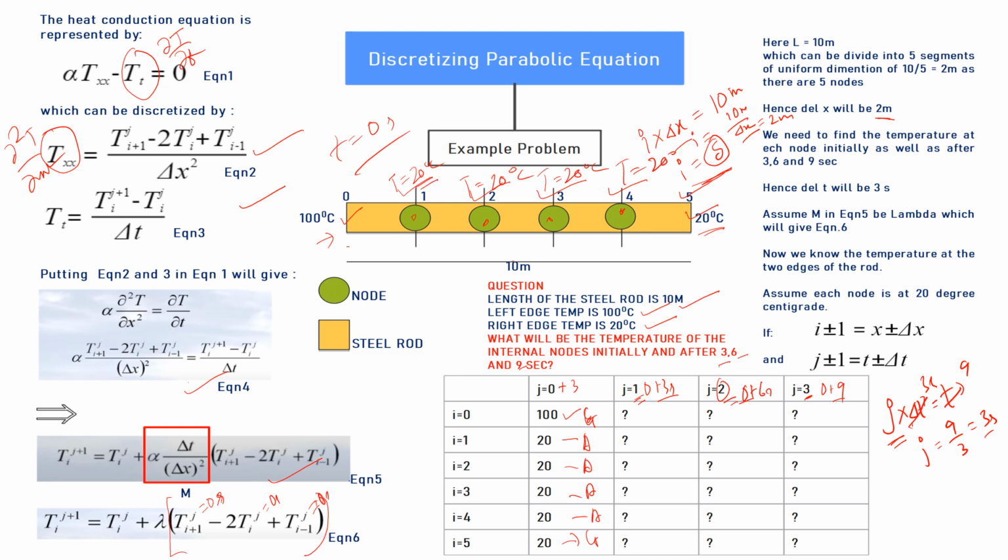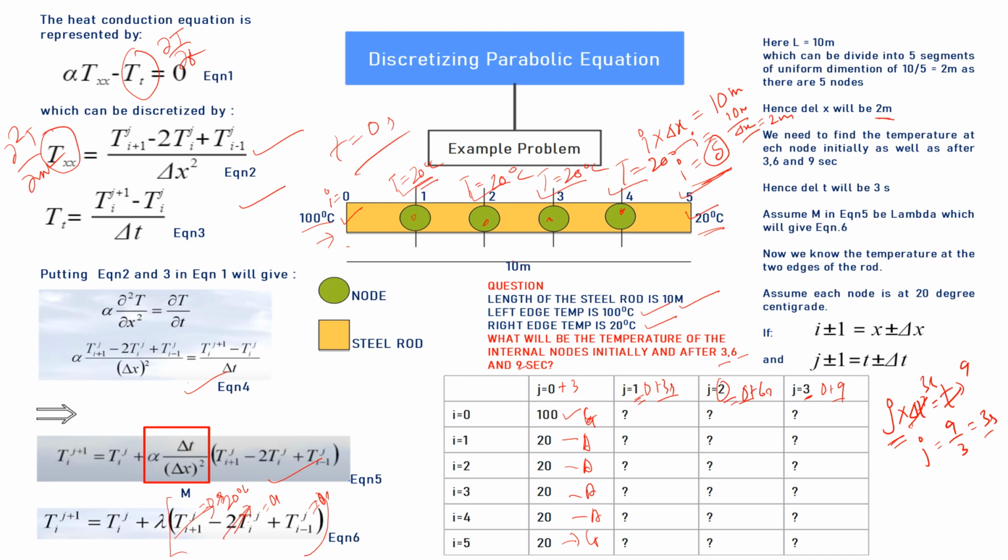This is your i plus 1. So this value will be 20 degrees centigrade minus 2 into T i j. So this minus 2 into T i, this i is this one, i is equal to 0. So at i equal to 0, your T is 100 degrees centigrade.